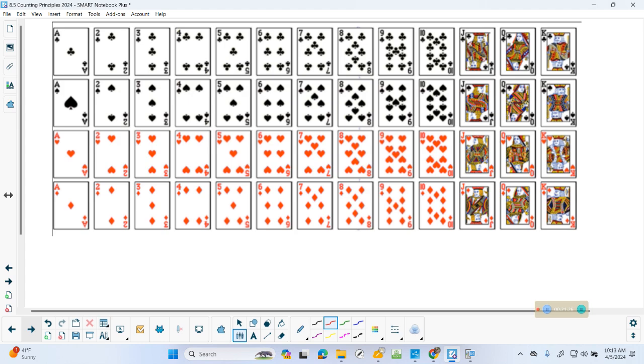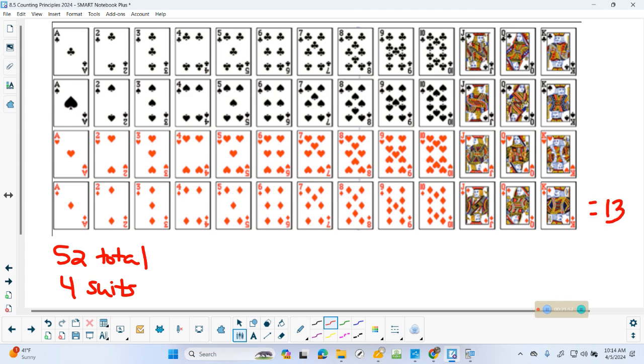So first thing, how many total cards are there? 52 total. How many suits are there? 4. What are the suits? Diamonds, hearts, spades, clubs. Now, how many of each type of card are there? Ace through king. 13.